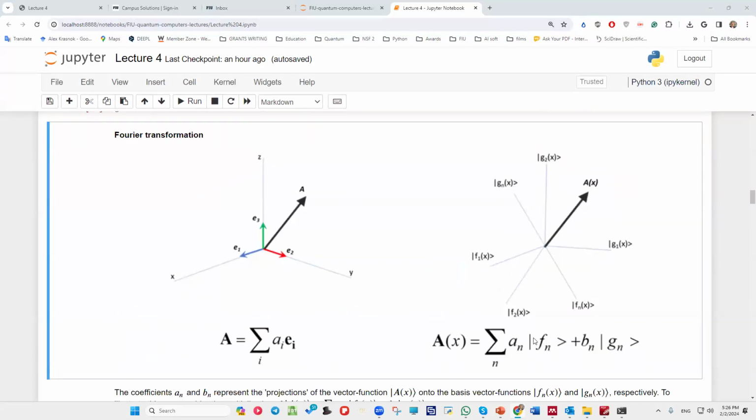So you, of course, recognize what this is. This is the Fourier transformation, right? This is the Fourier transform.